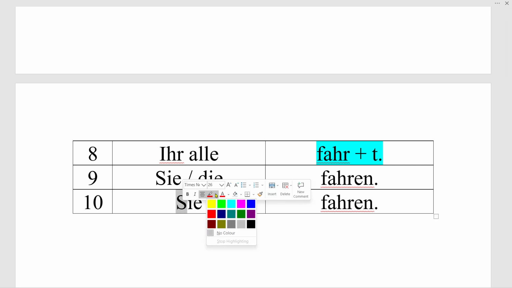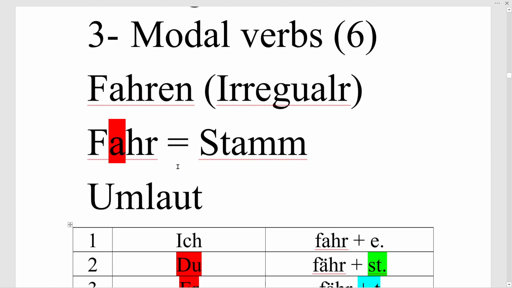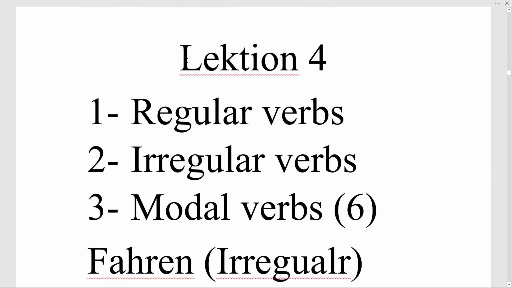Okay everybody, I hope you enjoyed this very short lesson. This was lesson number 4. I tried to explain everything very short, clear-cut, and crystal clear. If you like the videos, please follow them in series. Go to lesson 1 and follow the lessons, and then you will understand how your German is going to develop.